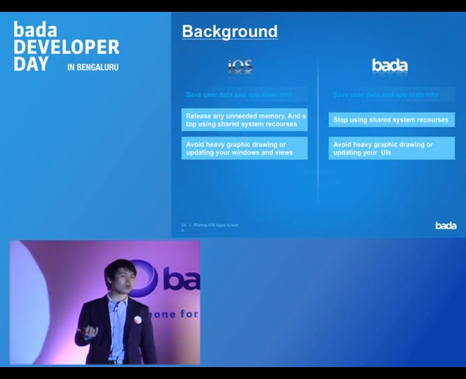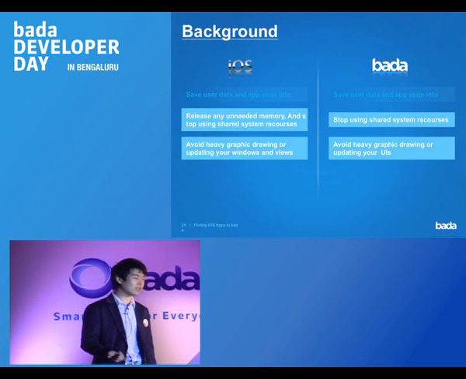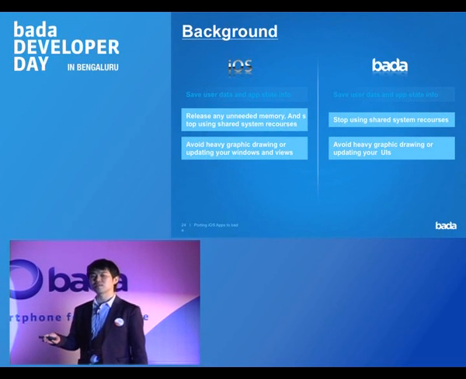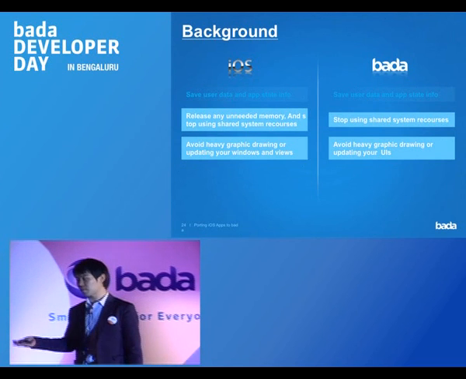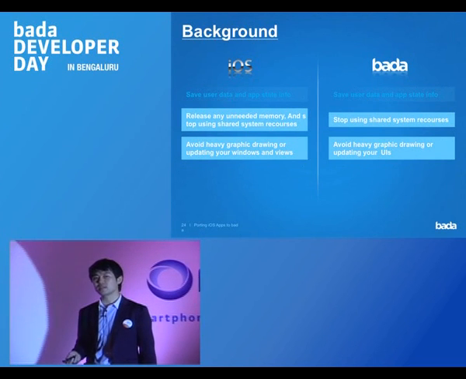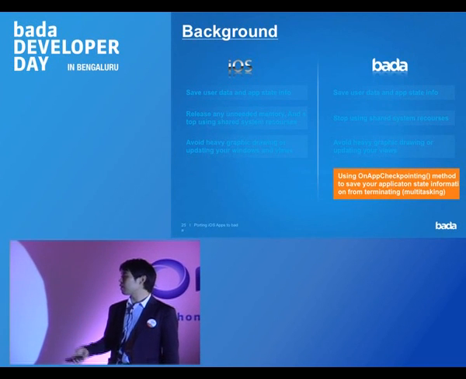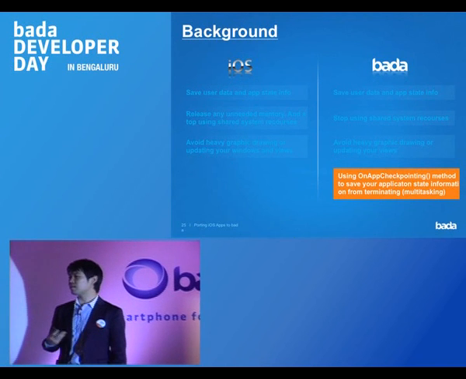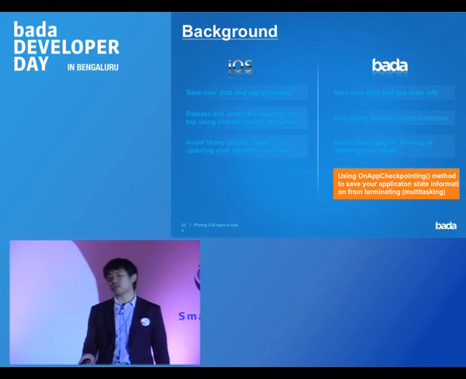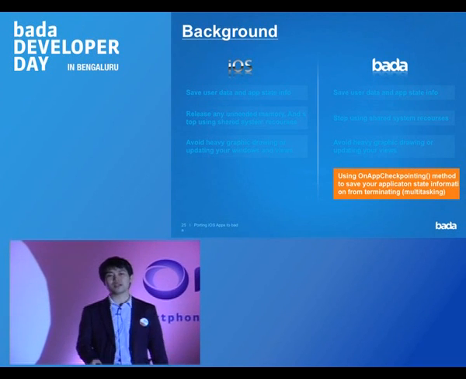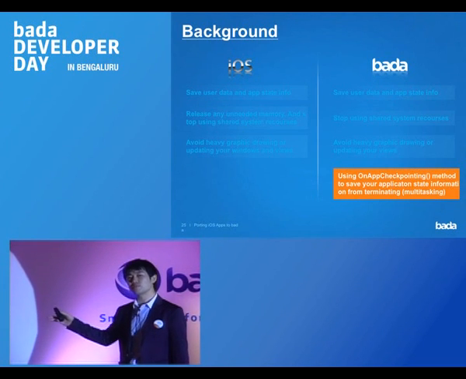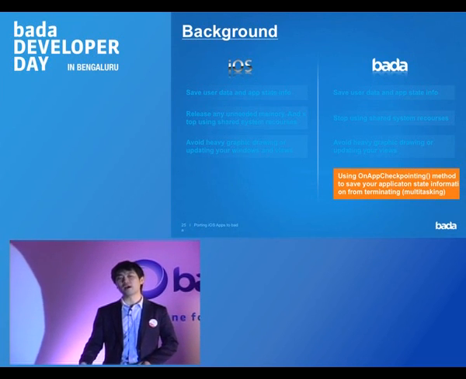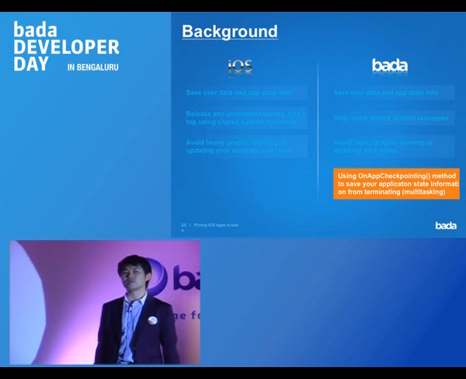When the user gets a call or needs to send an SMS but your application blocks that kind of activity, it will not be certified by the certification process. This is the same. The only difference, because of multitasking, is the name: we give the OnAppCheckpointing callback. With this method, you can put the code for handling when your application is terminated while it is in the background.